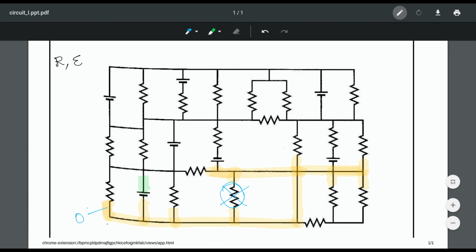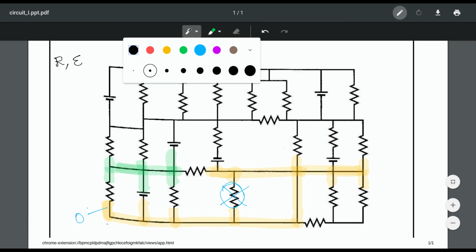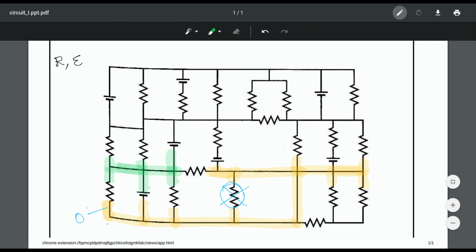So if I highlight this little piece of the wiring here, because this battery is E, and I know that the long line is positive and the short line is negative, I know I'm stepping up E volts as I go from this yellow color to green.